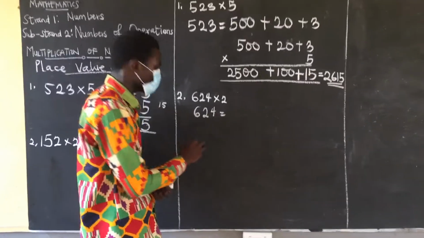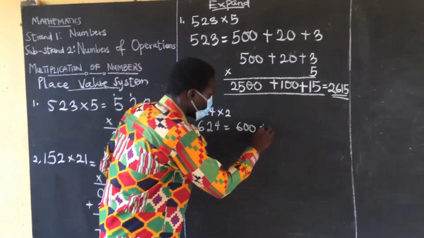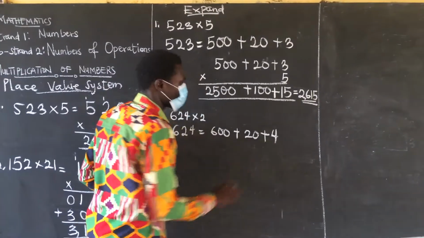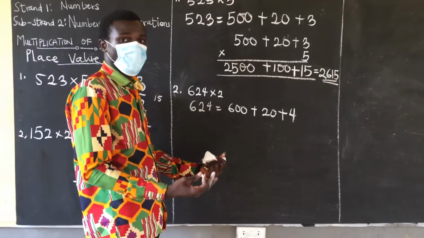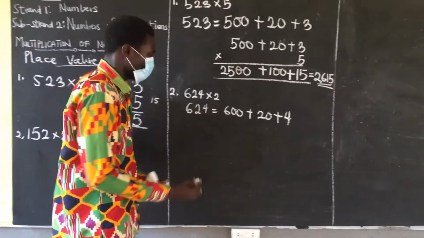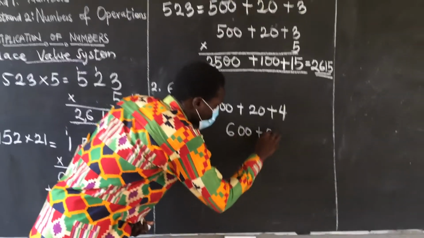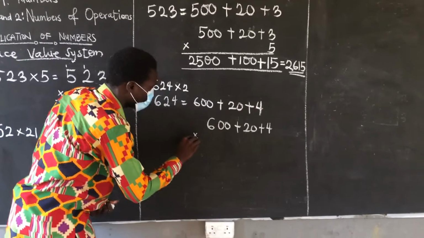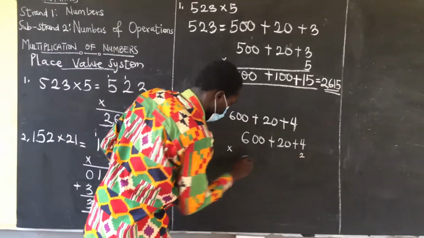If I expand this, I'm going to get 600 plus 20 plus 4. 2 has already been expanded because I have a single digit. So I'm going to multiply 600 plus 20 plus 4 times, what am I using to multiply? I'm using 2. So times 2.